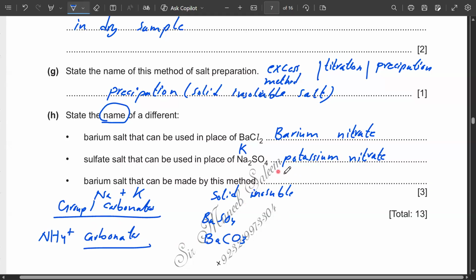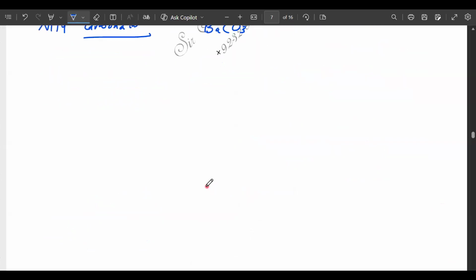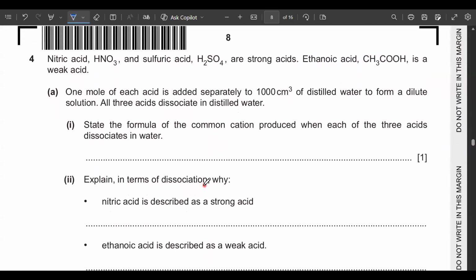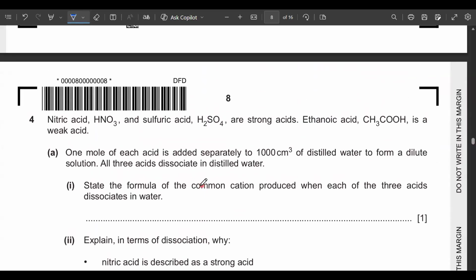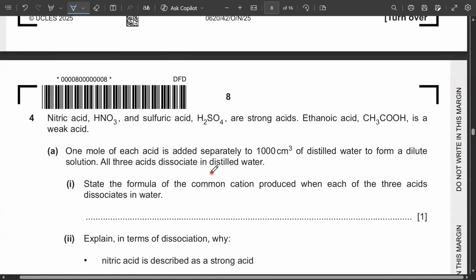So you can write the name barium carbonate. Barium carbonate is insoluble.